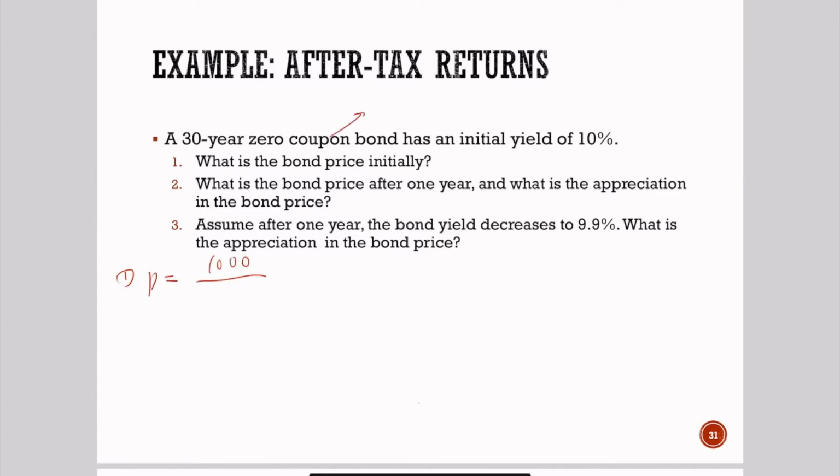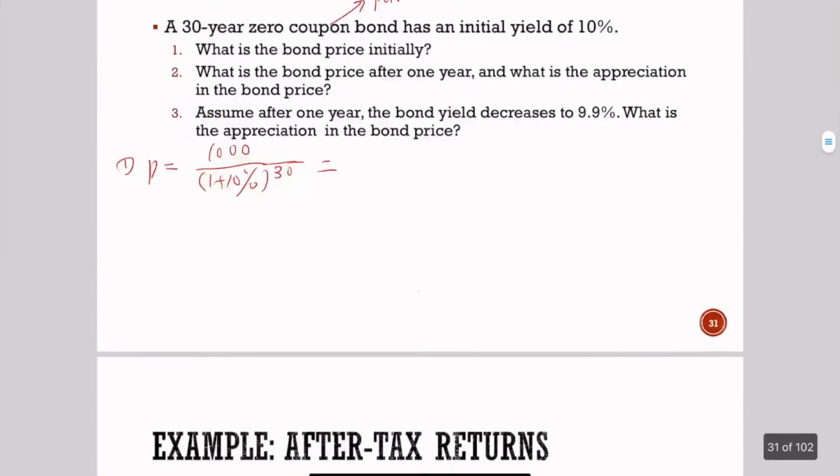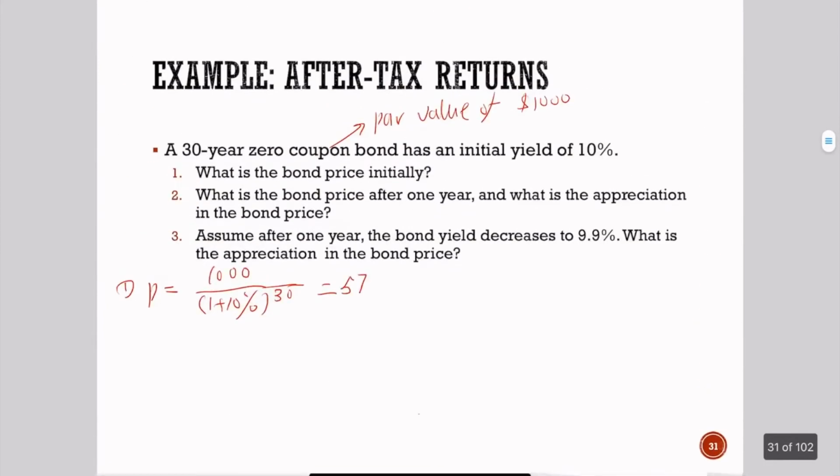So let's assume this zero coupon bond has a par value of $1,000, and we have this yield at 10%, and we have 30 years. So this gives us 57.31.